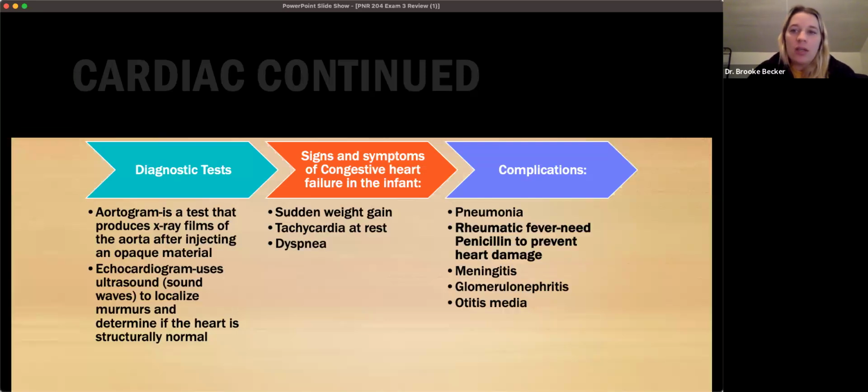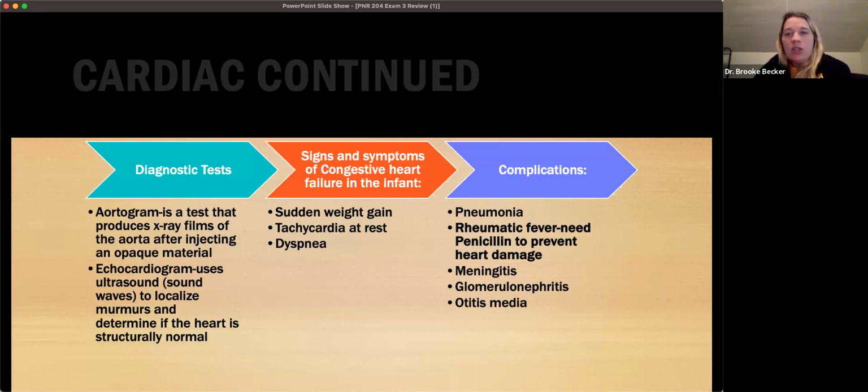Common complications of kids with cardiac issues can be glomerulonephritis, otitis media, meningitis, pneumonia. That's just because of the increased demand on the cardiac system with those illnesses. And then also rheumatic fever. So if kids get strep and it's not treated, they can get rheumatic fever. That can cause various heart defects and damage.